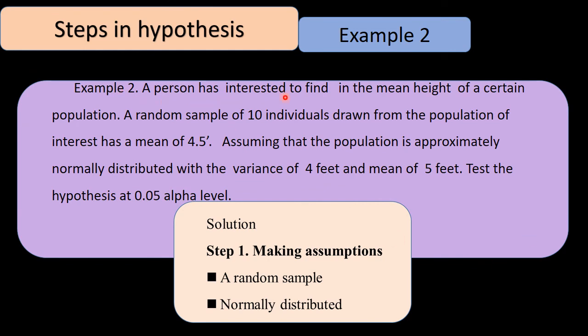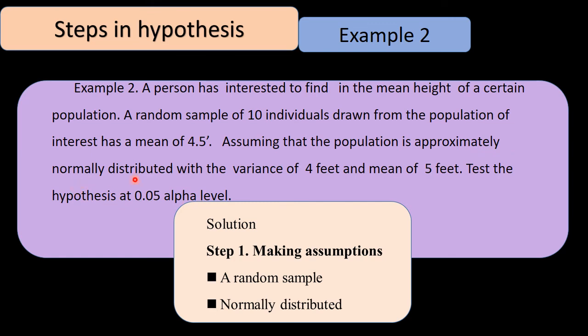Then the next example is: a person is interested in finding the mean height of a certain population. A random sample of 10 individuals drawn from the population of interest has a mean of 4.5 feet.